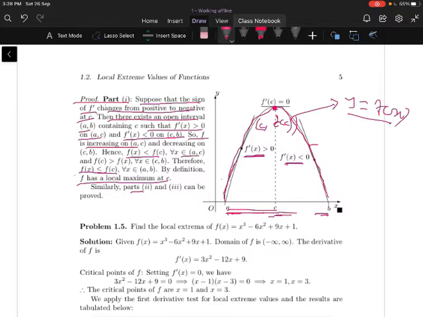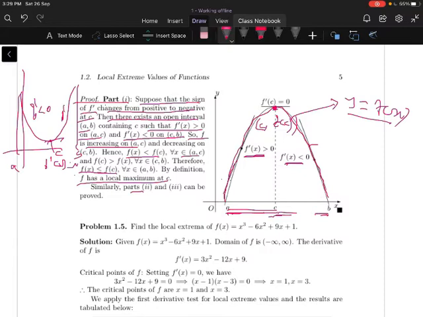To prove part 2, we can take functions like this. Here you can observe that at this point f dash of c is equal to 0 because the tangent is parallel to the x axis. But here you can observe that for the interval a comma c, f dash of x is negative.